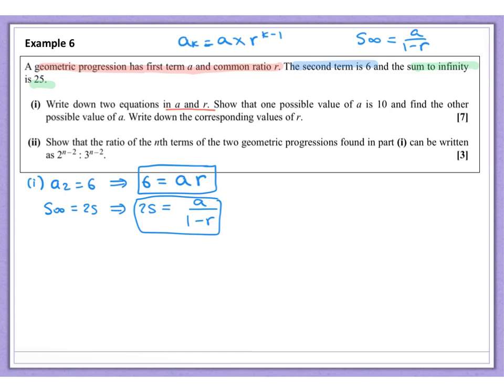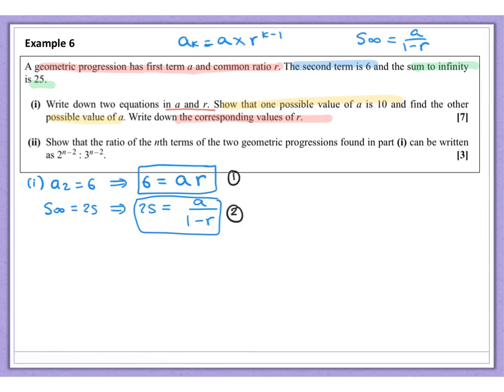We need to solve these and show that one possible value of a is 10 and find the other possible value, and then write down the corresponding values of r. So let's solve these simultaneous equations. So equation 1, equation 2.